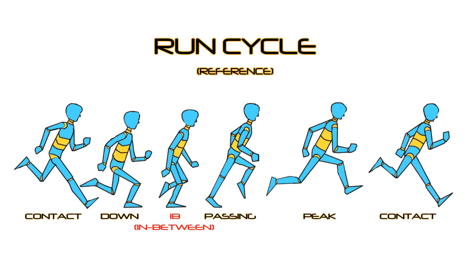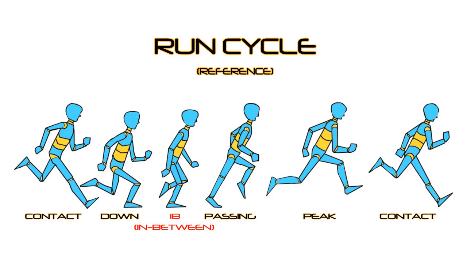And here they are. So just like our walk cycle, you can see that we have a series of poses that occur throughout the entire run. We have our contact position, a down position, we also have a peak point, and then we move right back to our contact position.